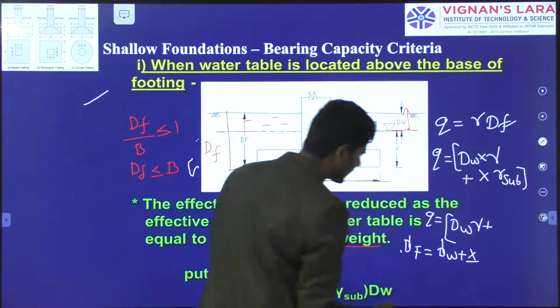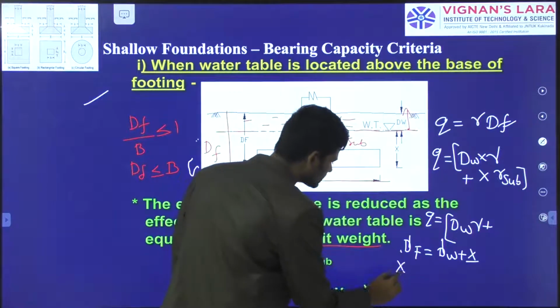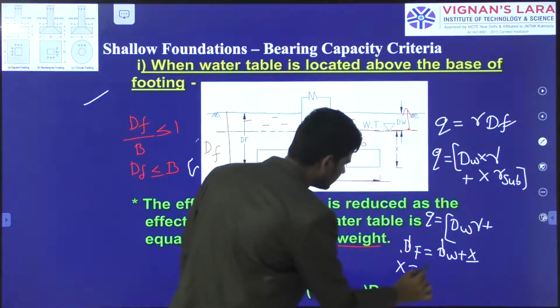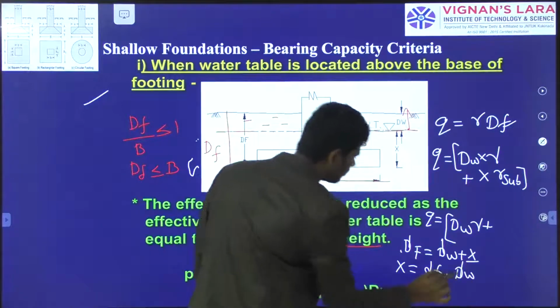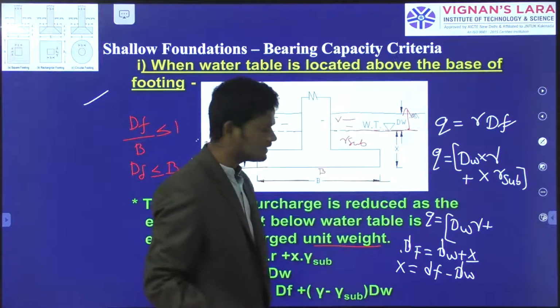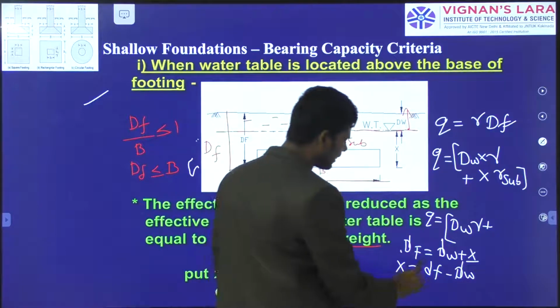From this I will calculate the x value. That x value is nothing but df minus dw.